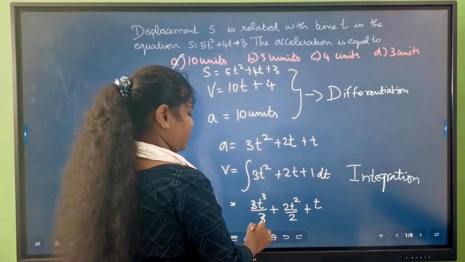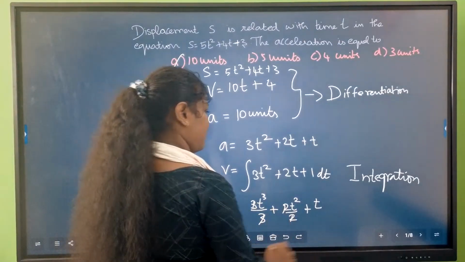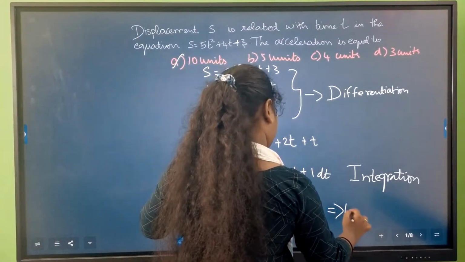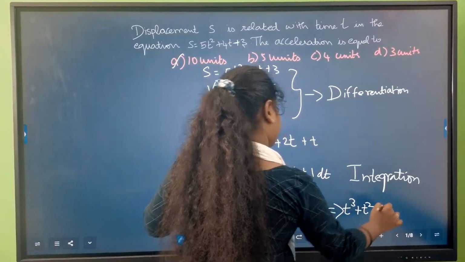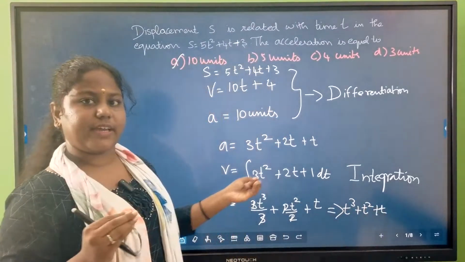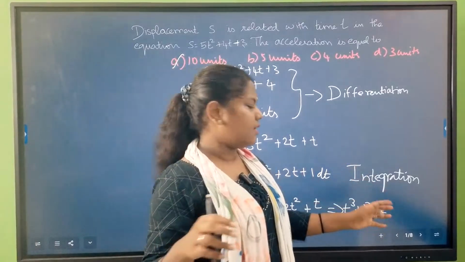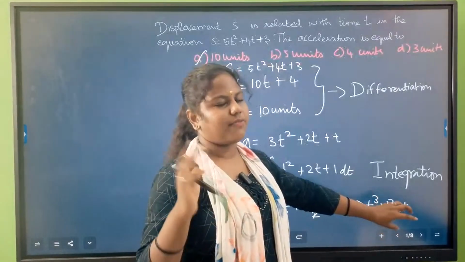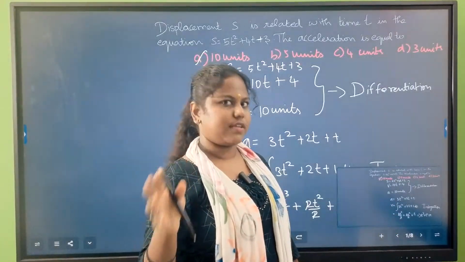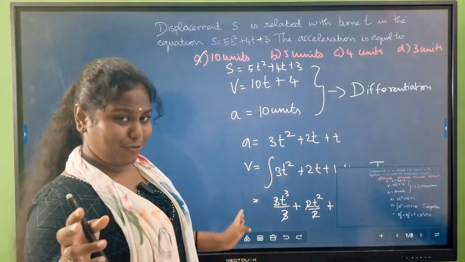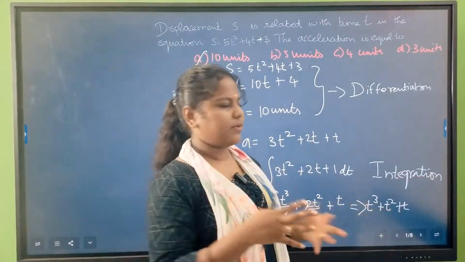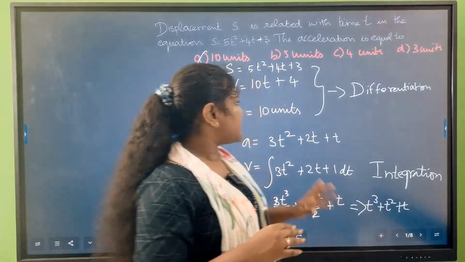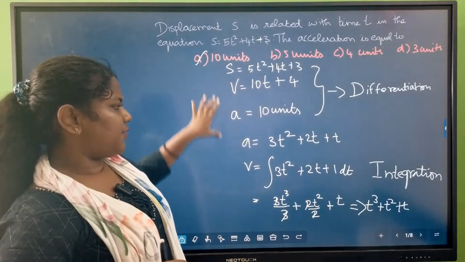If you cancel these things, you will end up with t cube plus t square plus t. If they have given some values for t as 2, 4, 6 or something, you can just substitute the values and finally find the value of displacement in meters or kilometers. This is how you have to do differentiation and integration.